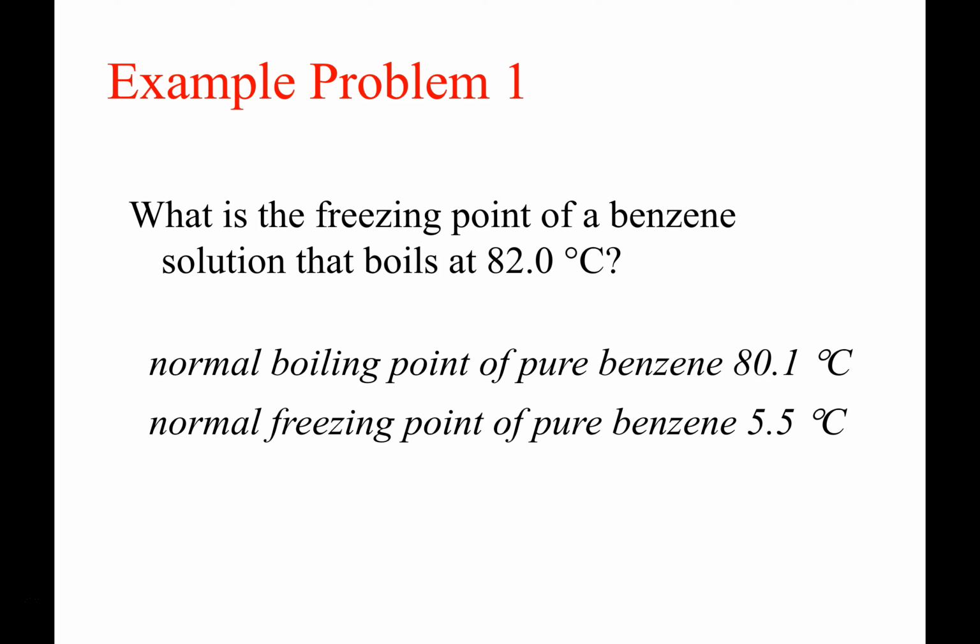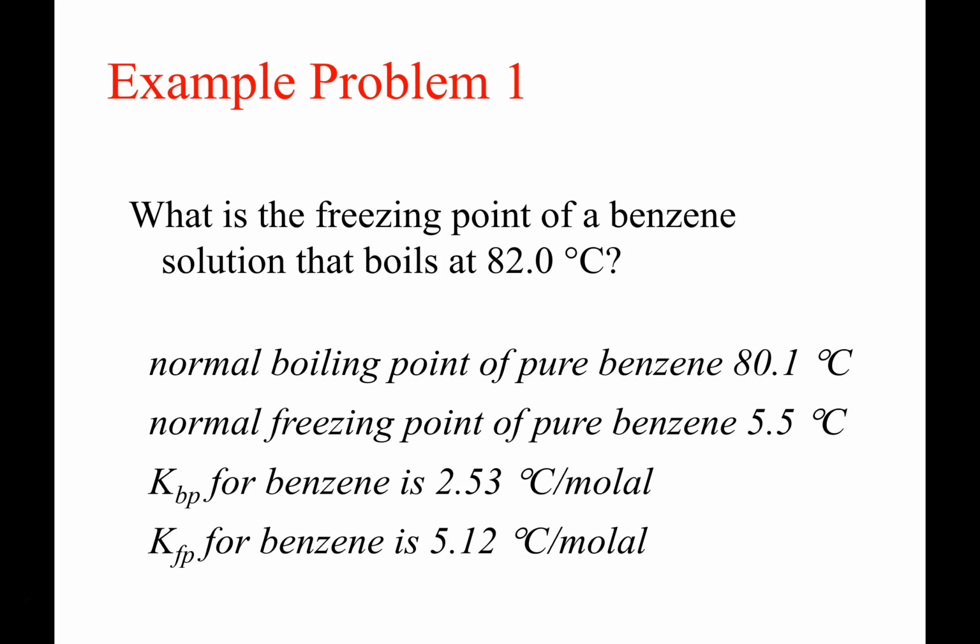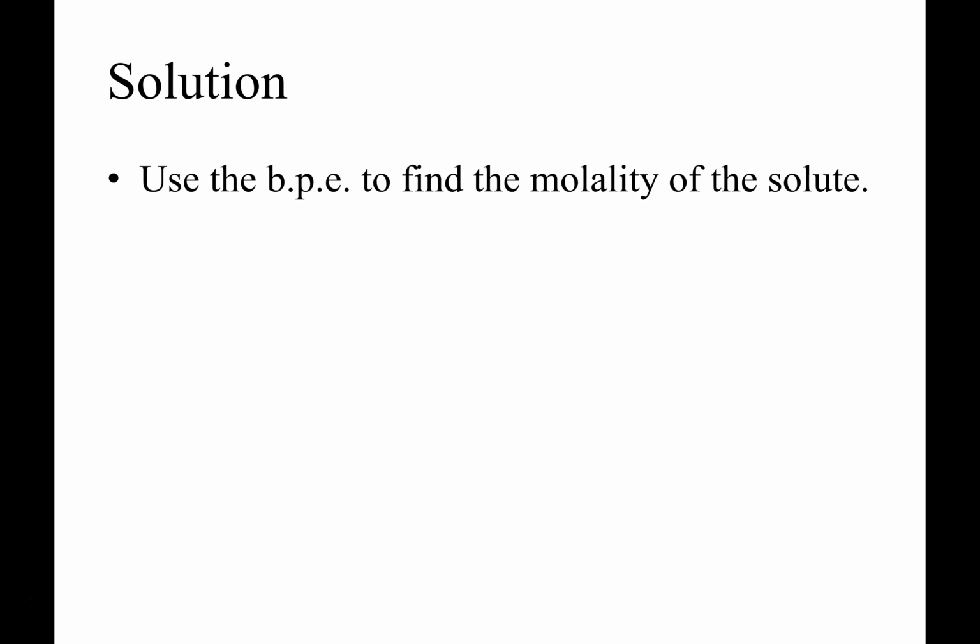Once I have the molality of the solute, I can turn to freezing now and apply a freezing point depression to it. In this case you will need to know the boiling point elevation constant for benzene is 2.53 degrees Celsius per mole of solute. We'll also need to know the freezing point depression constant for benzene is 5.12 degrees Celsius for every mole of solute.